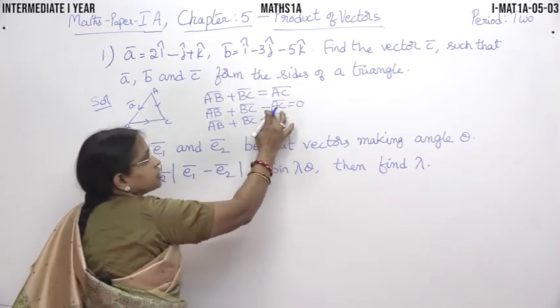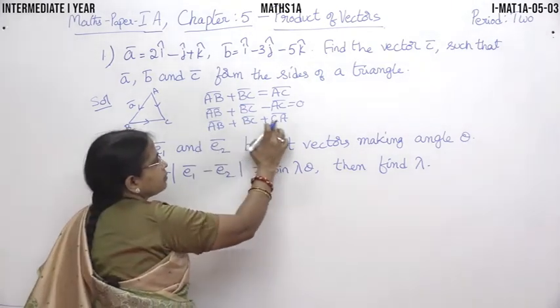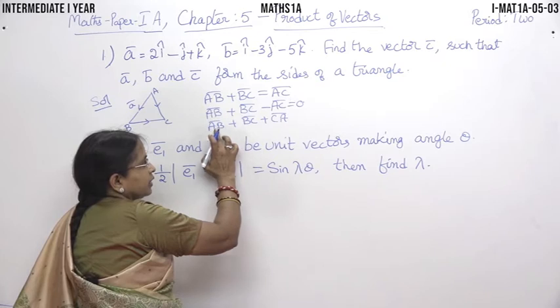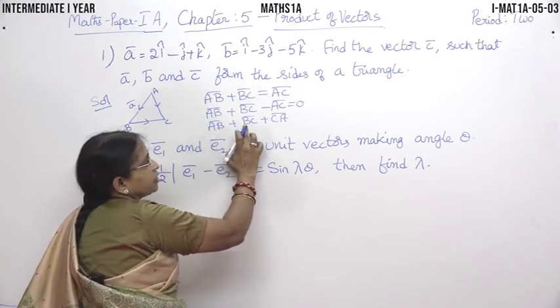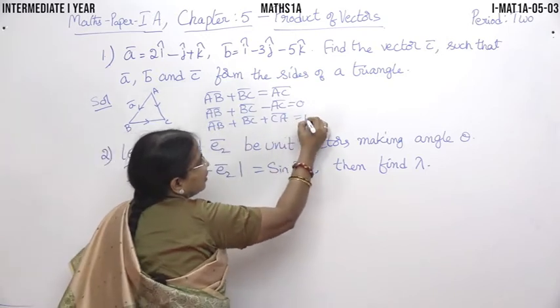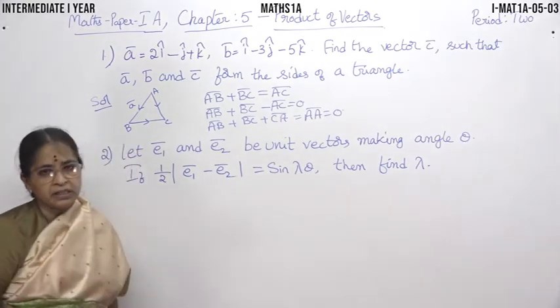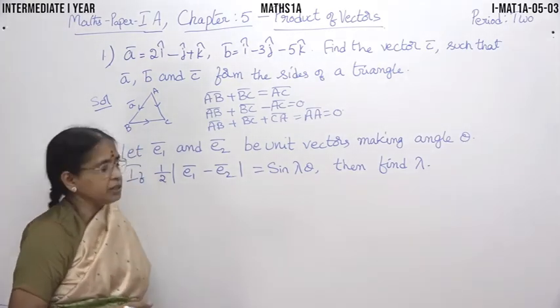When you interchange the initial and terminal points, it becomes 0. It is the continuation: AB, B continuation is here, C continuation is here. So it becomes AA and it is equal to 0. So AB plus BC plus CA is equal to AA, which is equal to 0.